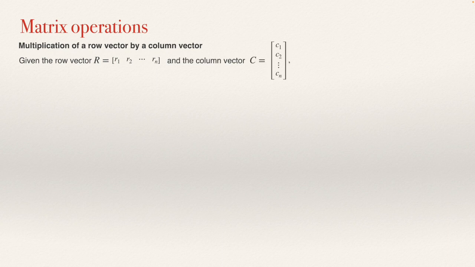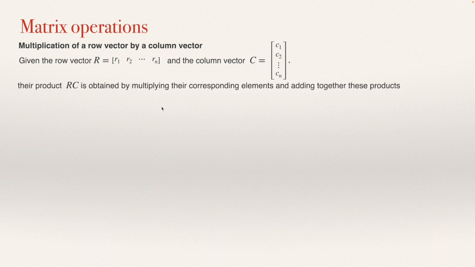Let's call it C1, C2, Cn. A row vector by a column vector will be just multiplying the first element by the corresponding element of the column. It will be R1 times C1, R2 times C2, etc., until Rn times Cn. So you multiply the corresponding elements. So this product RC is obtained by multiplying the corresponding elements and adding together these products. So it is not only a multiplication.